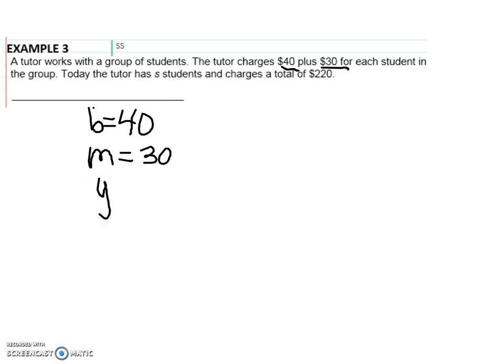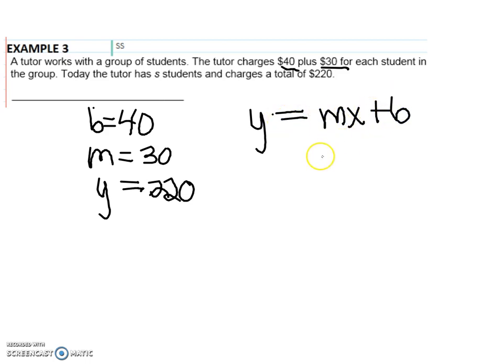My total is $220. So if I'm writing it in the y equals mx plus b format, it looks like this.